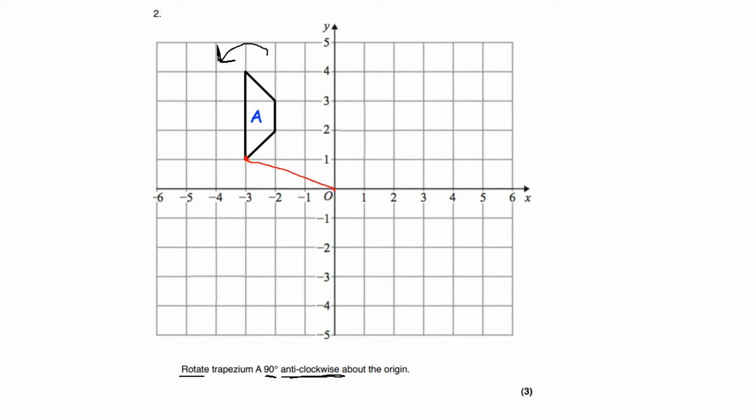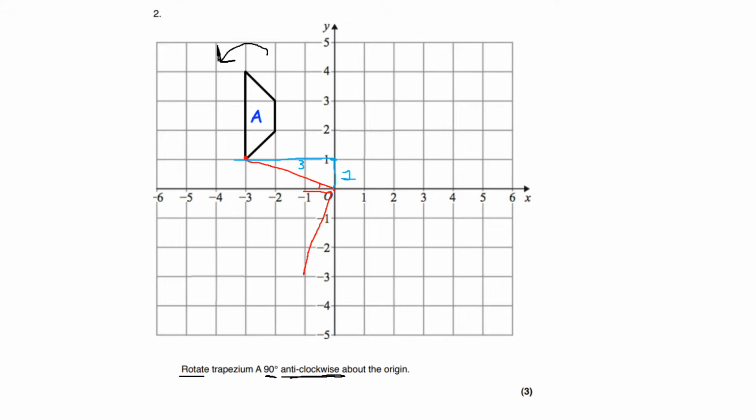And now we need to see, okay, this goes 3 across and 1 down. So therefore, we need to flip it. This needs to go 1 across and 3 down.